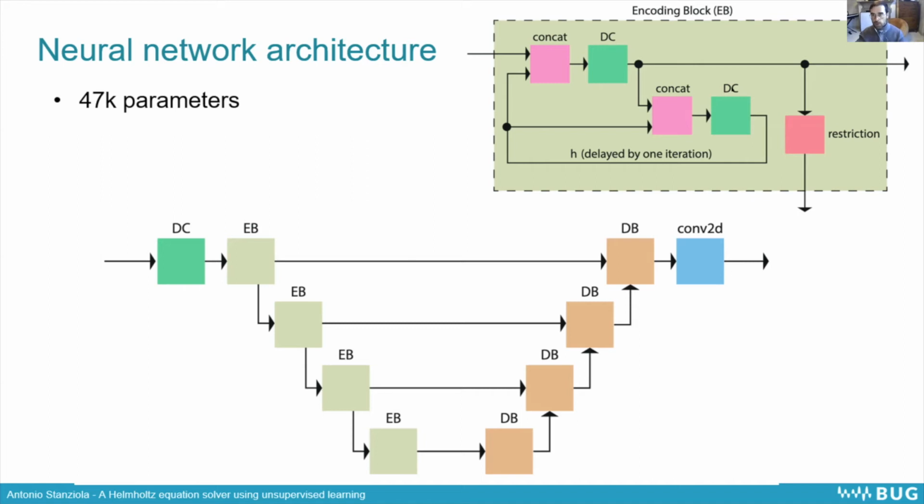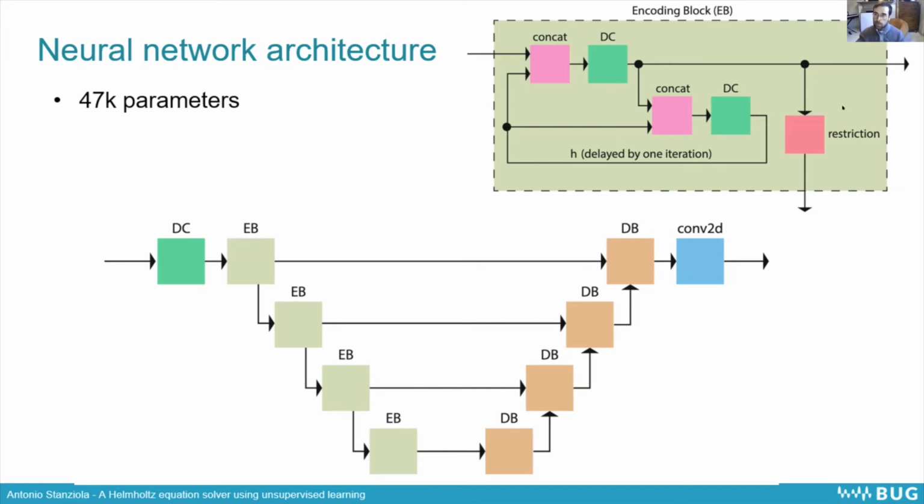And then we also have this other piece here, another concatenation and double convolution layer, which estimates the next hidden state for that block, which means that our hidden state is also multi-scale. So each encoding block has got its own hidden state, and each one of them has a different scale due to the downsampling.